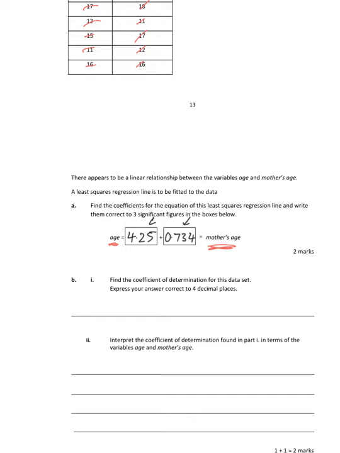Find the coefficient of determination for this data set. Express your answer correct to 4 decimal places. There is a way of doing this. If you haven't set up your calculator so that when you do a regression line you get the R² value straight away, that's sweet.